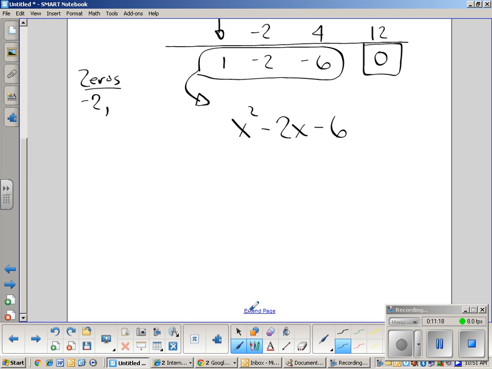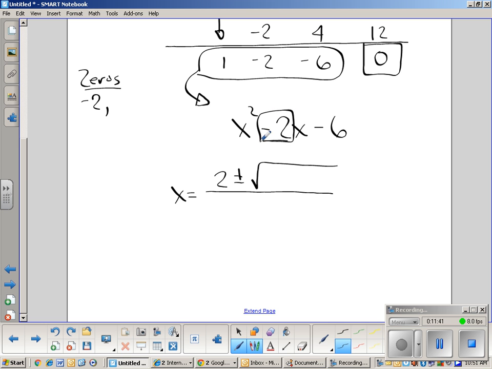Now this time it doesn't factor. The last one would have, but this one doesn't. So what can I do now? Quadratic formula. That's why I showed it to you last time. The opposite of -2 is 2. What is -2 squared? 4.